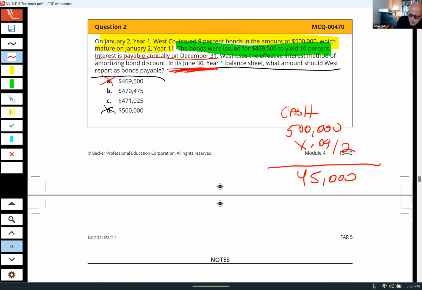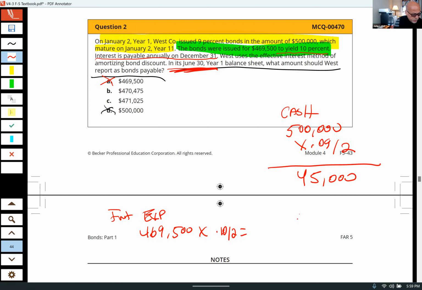Okay. The interest expense is going to be that 469,500 carrying value times, but now I have to pick up that market rate of interest. Yield rate, market rate, effective interest rate are all synonymous terms. You have to get used to that. That's 10% divided by 2.